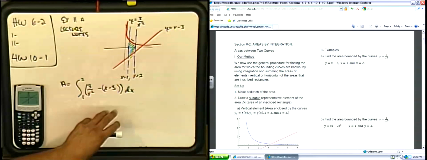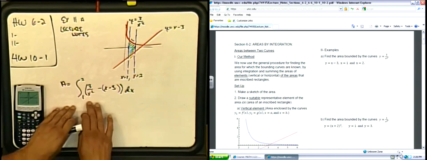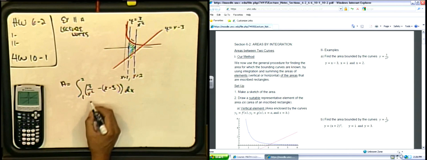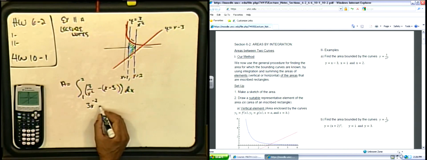But first we need to take the antiderivative of each term. I'm going to simplify this by writing it as 3x to the negative 2 minus x minus 3.